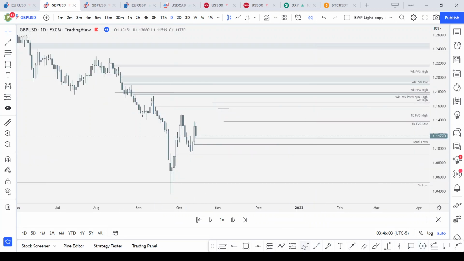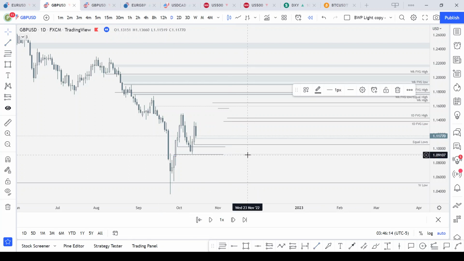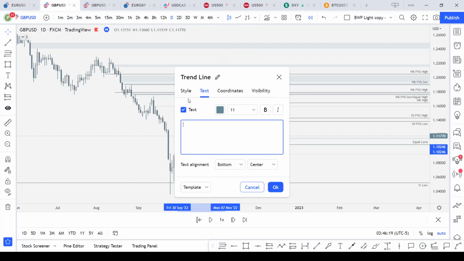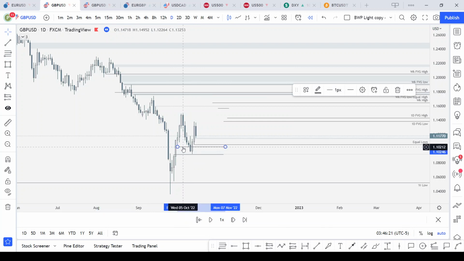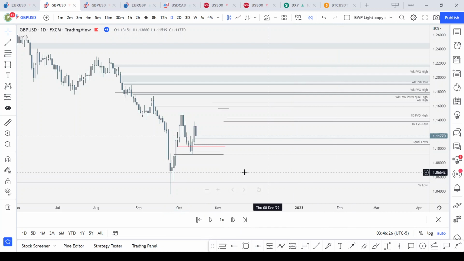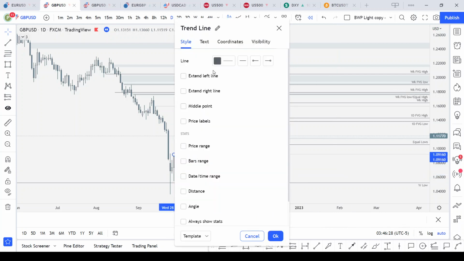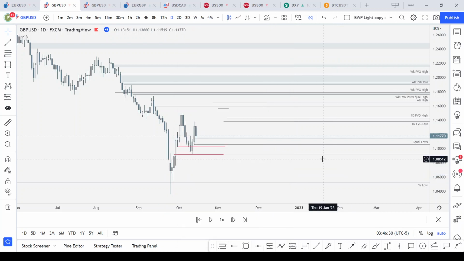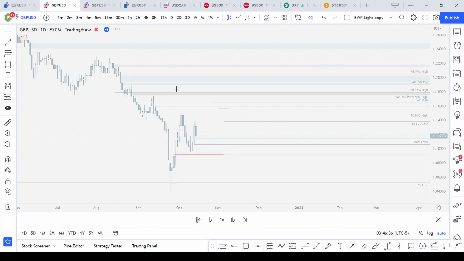You see this daily fair value gap. Let me use a different color so that we're able to differentiate. Okay, let me go back to the 1 hour time frame.